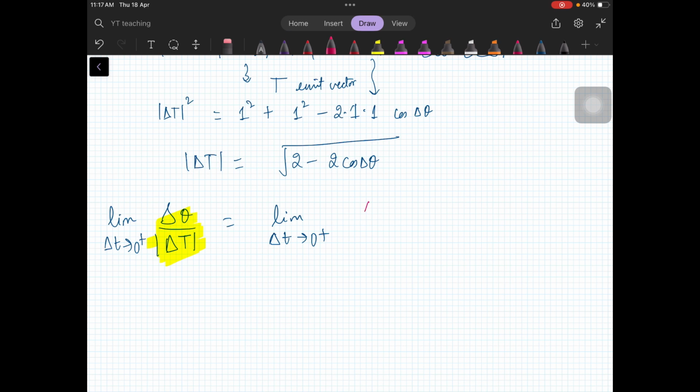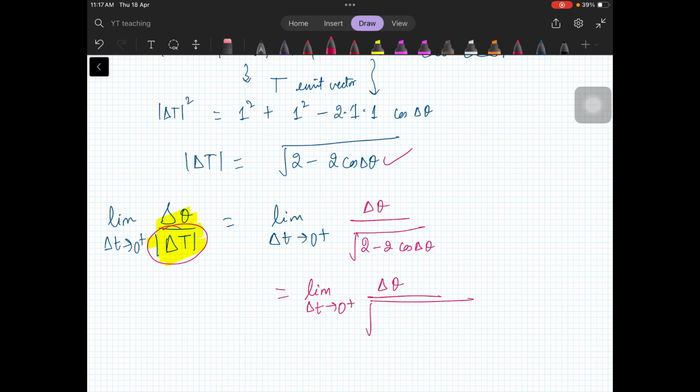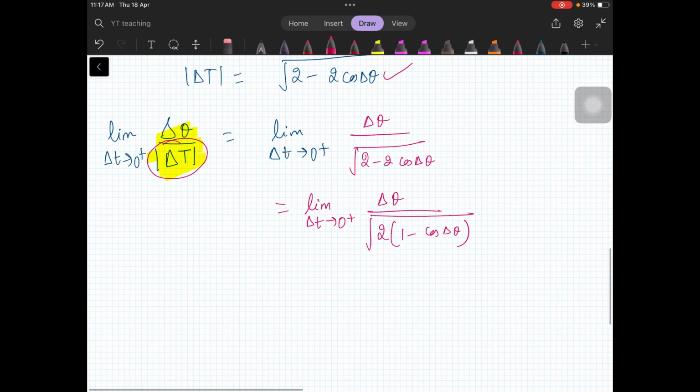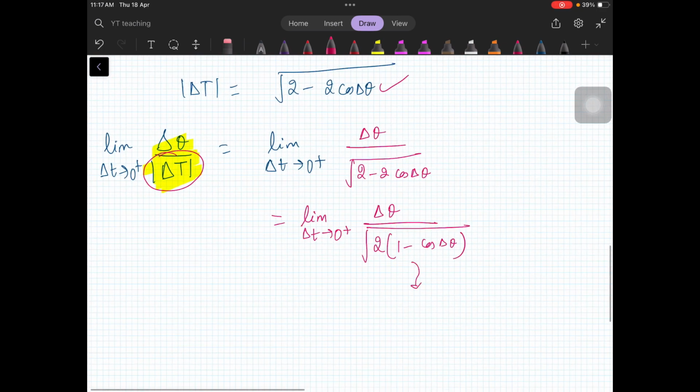So this will be del theta, and we just calculated this factor in terms of theta, here it is square root of 2 minus 2 cos of del theta. Now this is limit del t going to 0 from positive side, right, and this is equal to limit del t going to 0 from positive side del theta upon, you can take 2 outside, so 1 minus cos of del theta. Now you can use your trigonometry information, this is the 1 minus cos 2 theta formula.